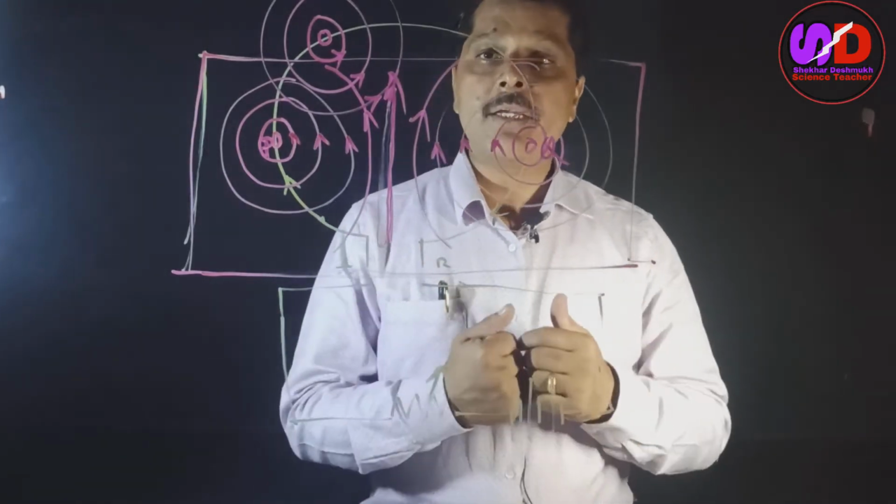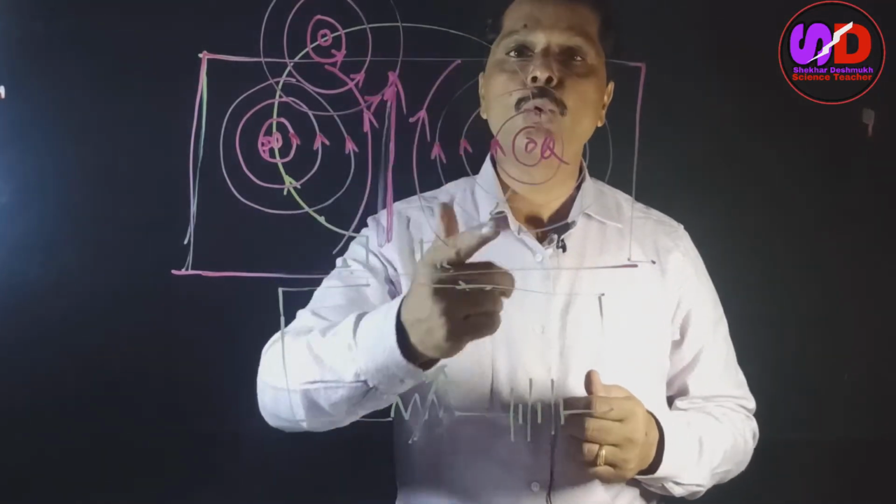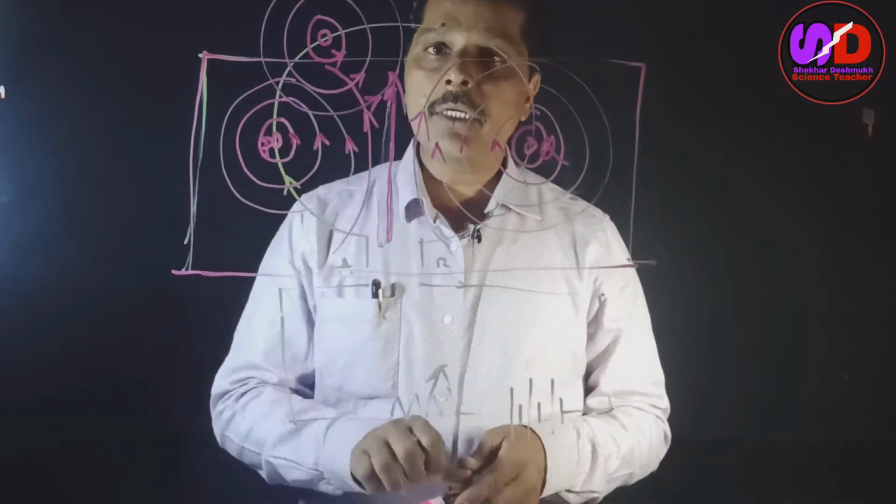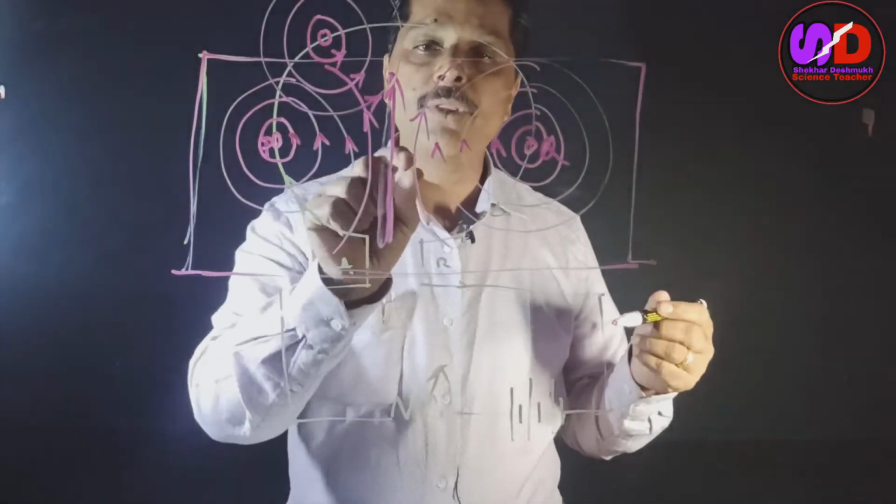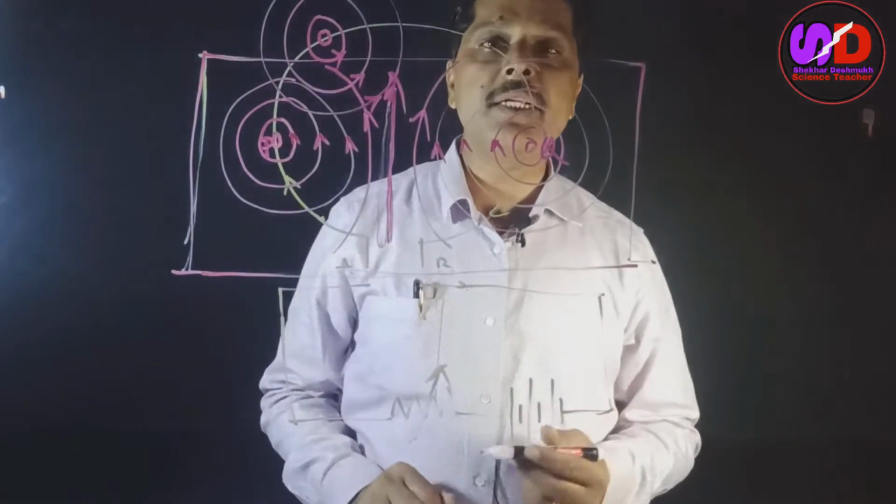But if we increase the number of loops, suppose for one loop a certain amount of magnetic field is produced here.